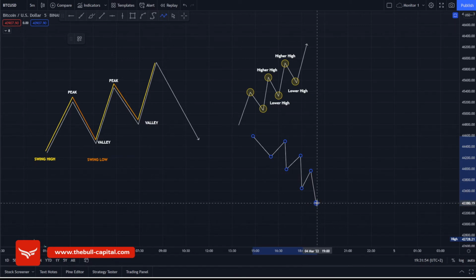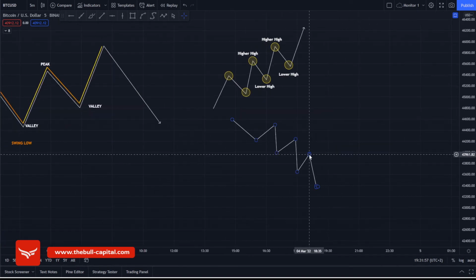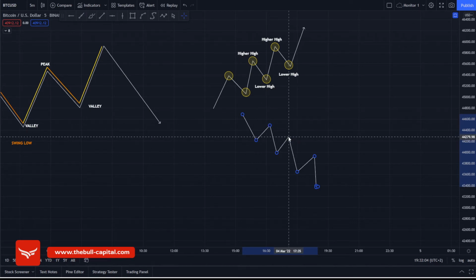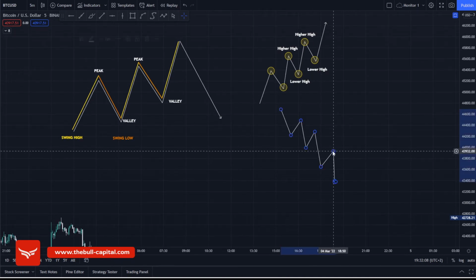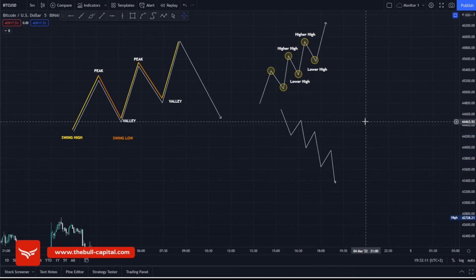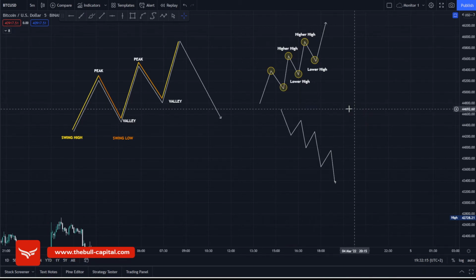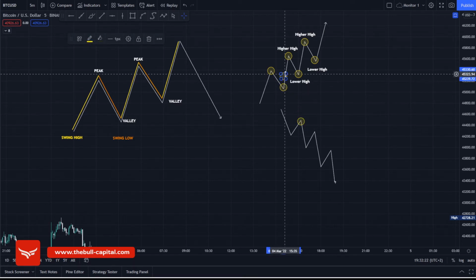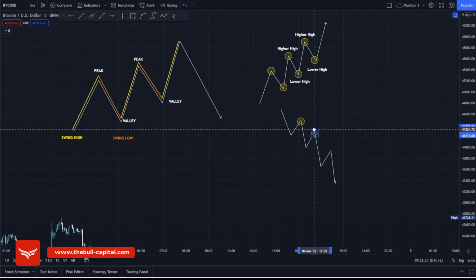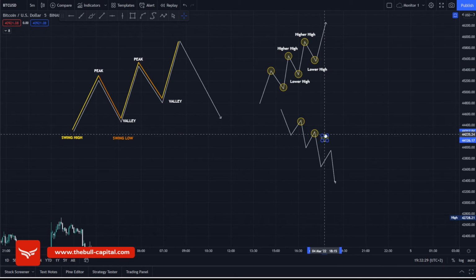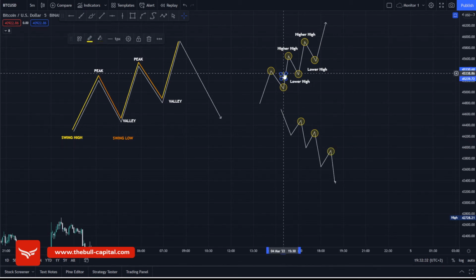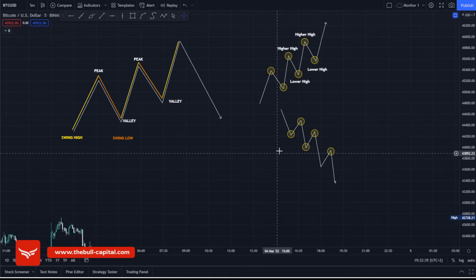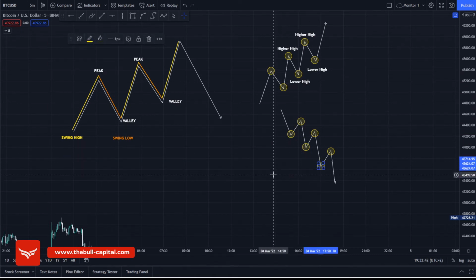Now again, we have these peaks, and we have the valleys of the swings.